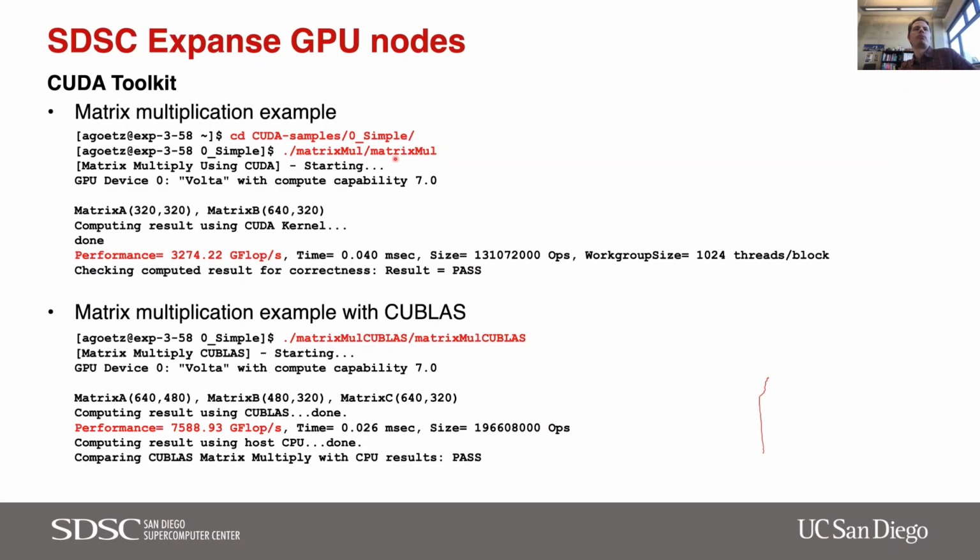The matrix multiplication example is in the 0_simple subdirectory. That's the one that I mentioned before. If you run that on the V100s, you will get about 3 teraflops of performance. Now, if you use the cuBLAS version, there's a matrixMulCUBLAS subdirectory, and you compile that and then run it, you'll see you'll get more than double the performance, right?